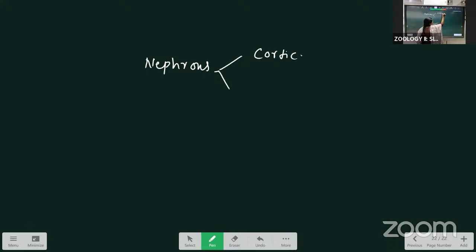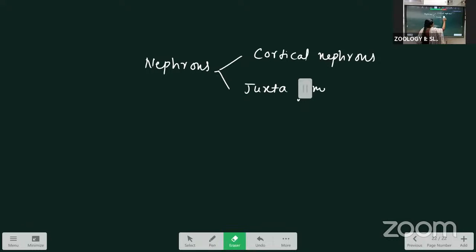The second type of nephrons we call juxtamedullary nephrons. Here, what's the difference between the two?